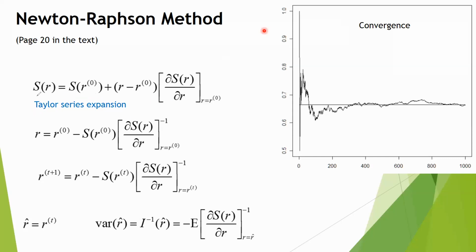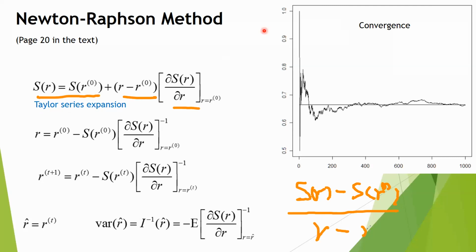All right. So if you just look at this part and this part and this part, we can rewrite this as this. If we want to take the difference between S(R) and S(R0), that's the difference, and the denominator is R minus R0. So what is this? This is actually the slope, right?